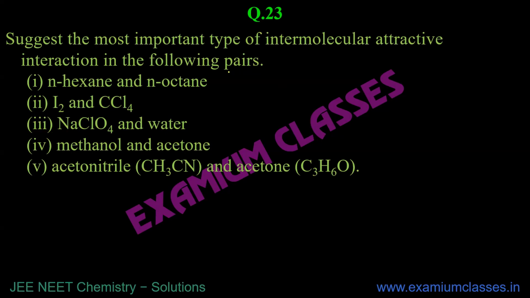For ionic, there should be a large difference in electronegativities: one highly electropositive, the other highly electronegative, for example sodium and chlorine, Na plus, Cl minus. But in N-hexane and N-octane, nothing ionic, no dipole. So there will be only van der Waals forces, nothing else.